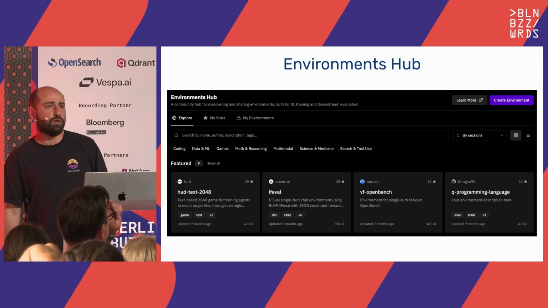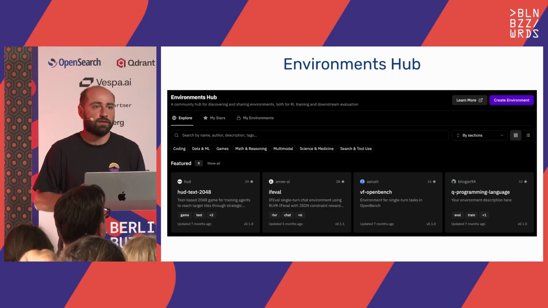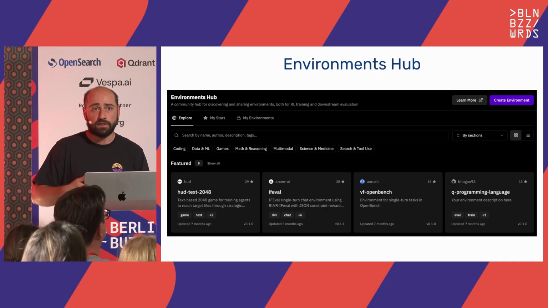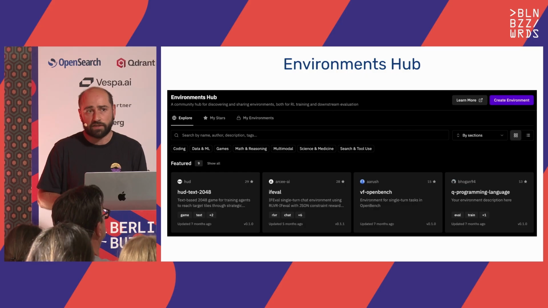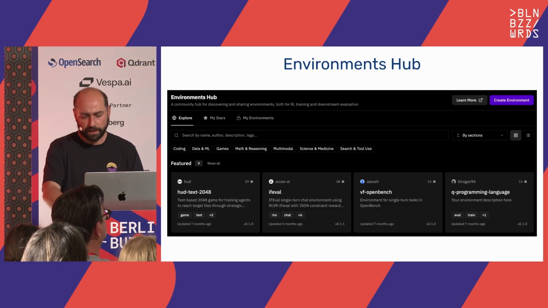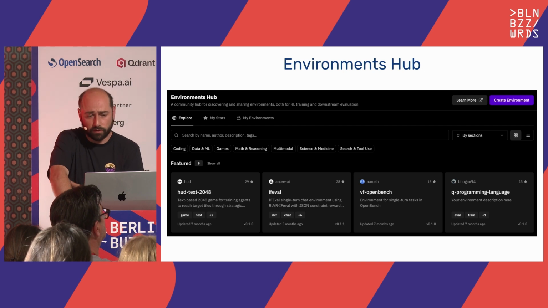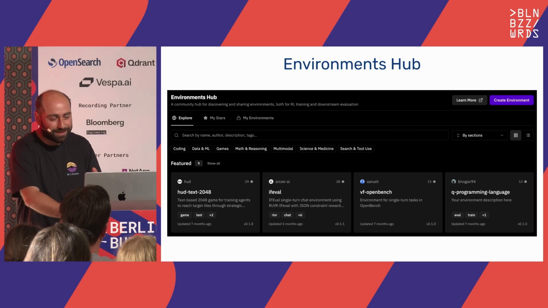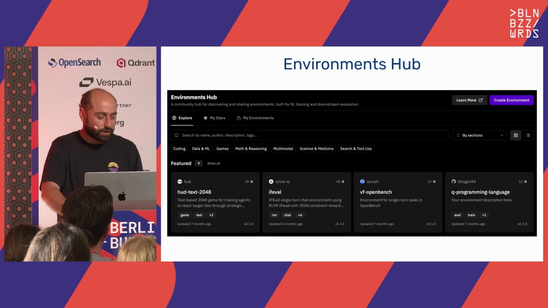But also, in a world where frontier models are constantly trained on reinforcement learning environments we don't know of, this is also an effort to democratize this domain. But apart from that, it's also fun to see what people build with environments.